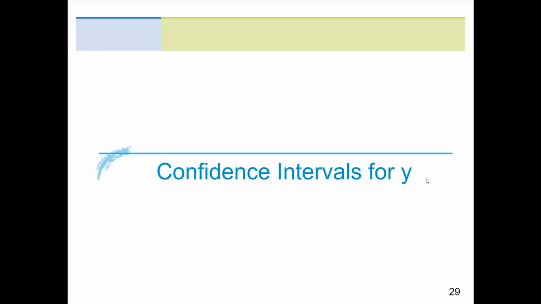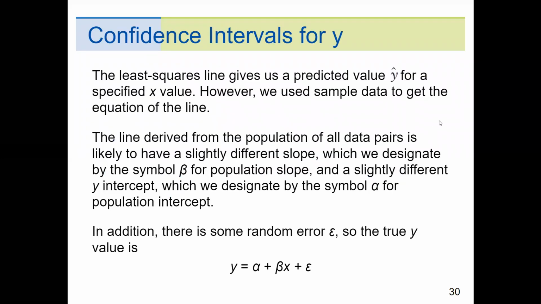All right, confidence intervals for y. The least squares line gives us a predicted value y hat for a specified x value. However, we used sample data to get the equation of the line.